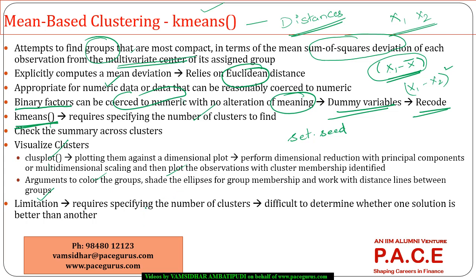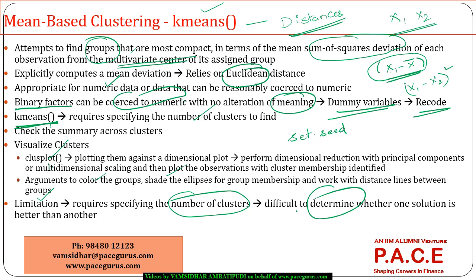It clearly requires that I have to specify the number of clusters. Is it 1? Is it 2? I have to clearly specify the number of clusters. So if there are more than one solution, I don't have something like CPCC in case of k-means cluster.